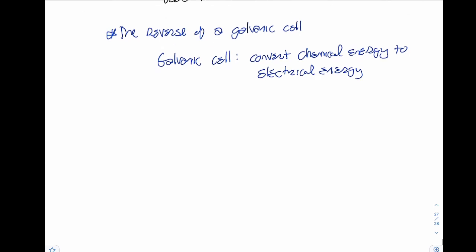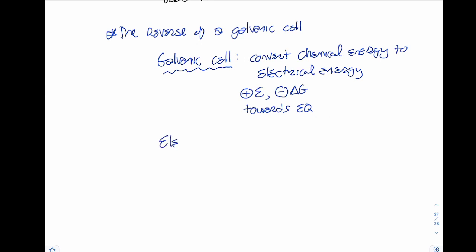Right? It's going to have a positive cell potential and a negative free energy change. And it's going to push our reactions towards equilibrium. Remember, spontaneous reactions always go towards equilibrium.